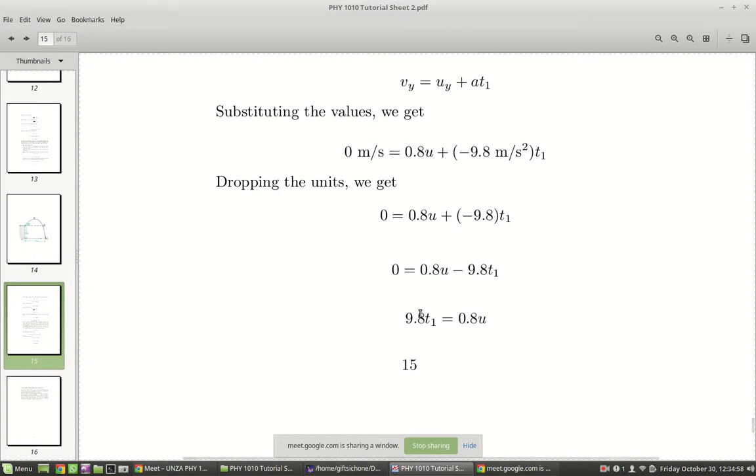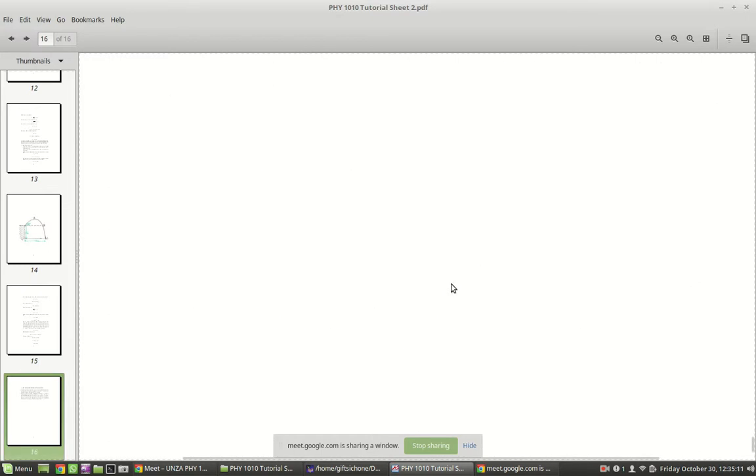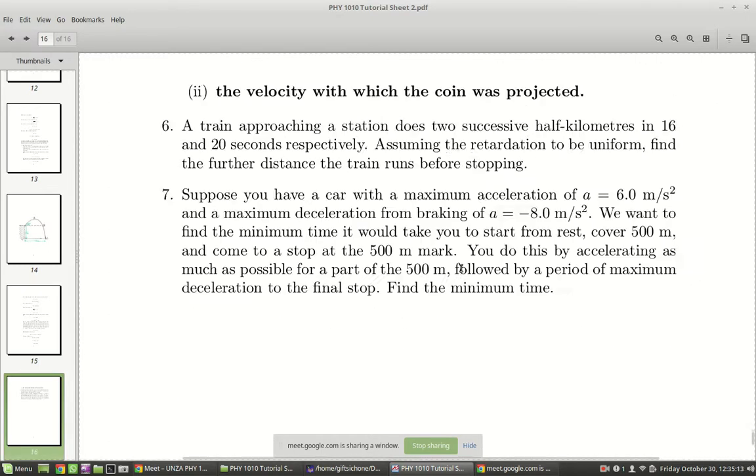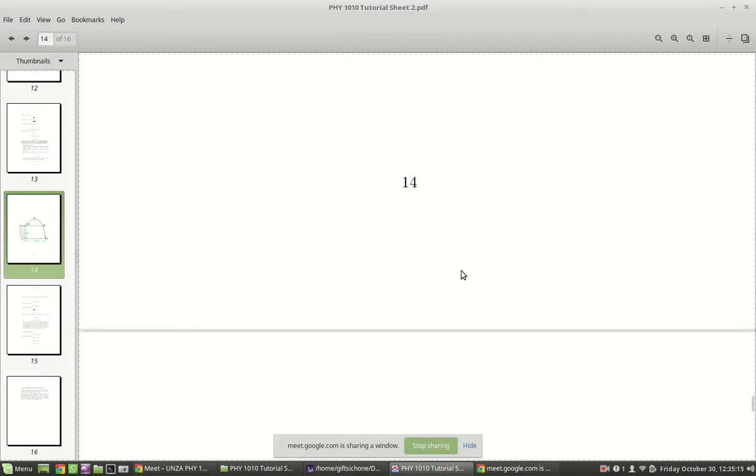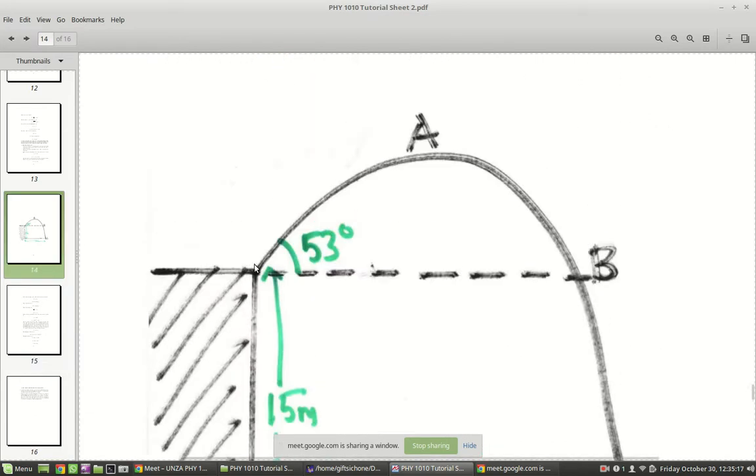Now, when we get the T1 here, remember from the previous question we worked out, T1 is equal to T2. Do you remember that? For the same level of height. From the launch point, you go to maximum height, then you come to B here. From the launch point to A, that is T1. From A to B, that is T2.